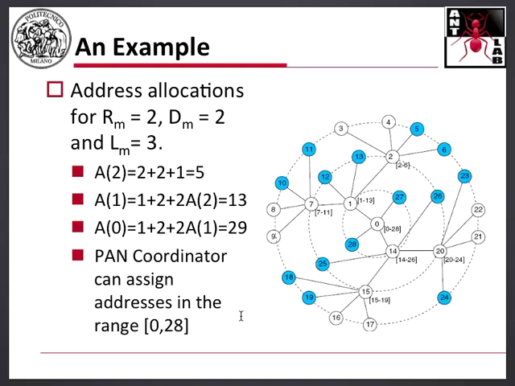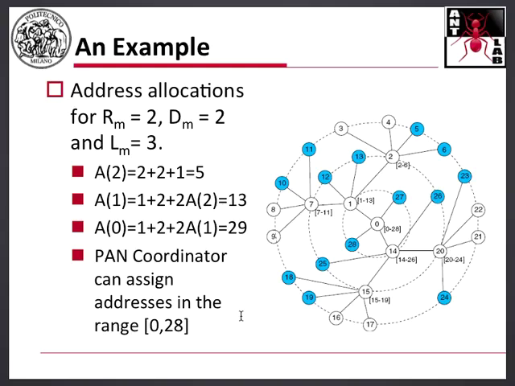In other words, if all the nodes know how addresses are assigned, by knowing their own address and their own place in the tree, they have all the information to know who their children are, who their parents are, and so on.